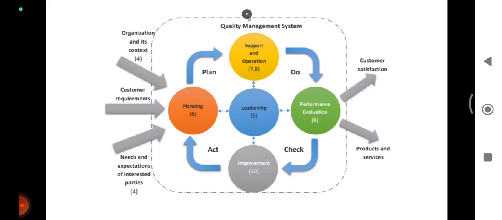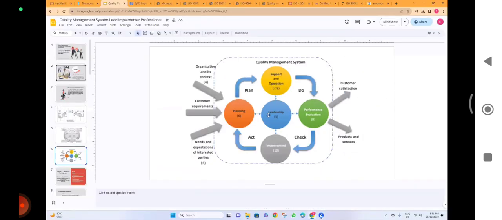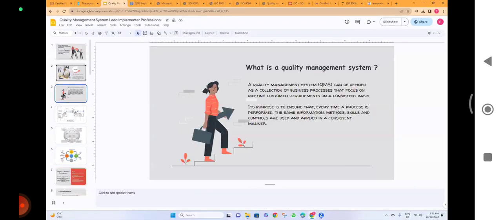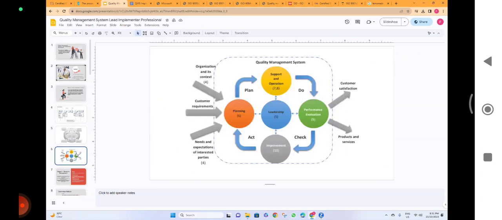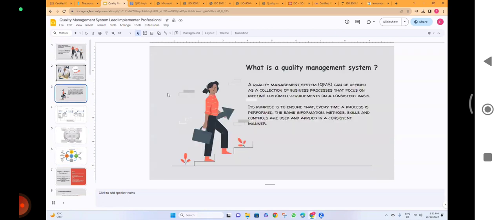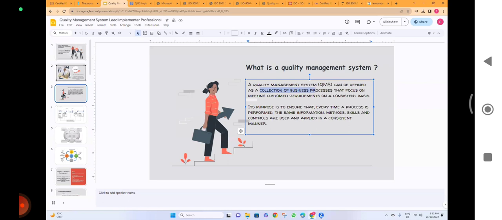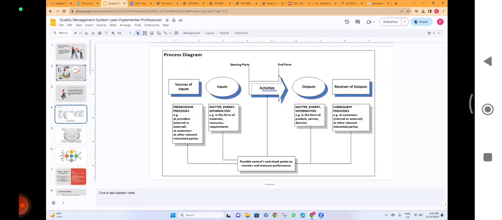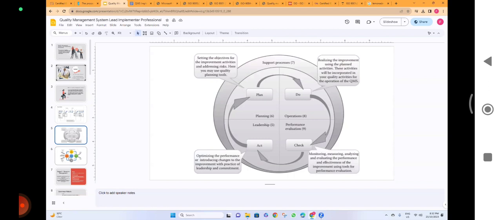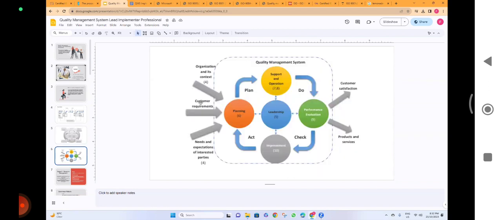So this is now the first concept that I'm going to do. And throughout this webinar, I'm going to remind you of these first 4 slides. Throughout this webinar, I'm going to be showing you the collection of business processes, where is the process approach, the PDCA, and the combination of the PDCA, risk-based thinking, and the process approach.